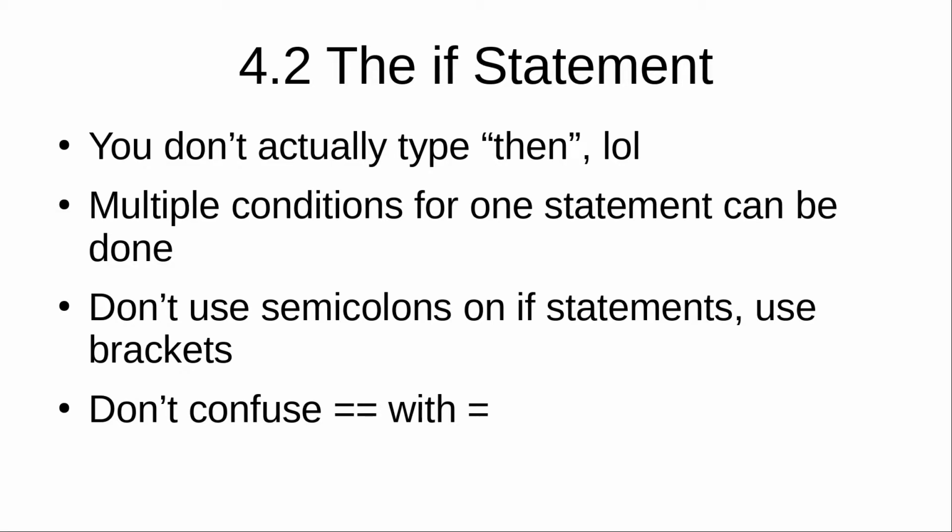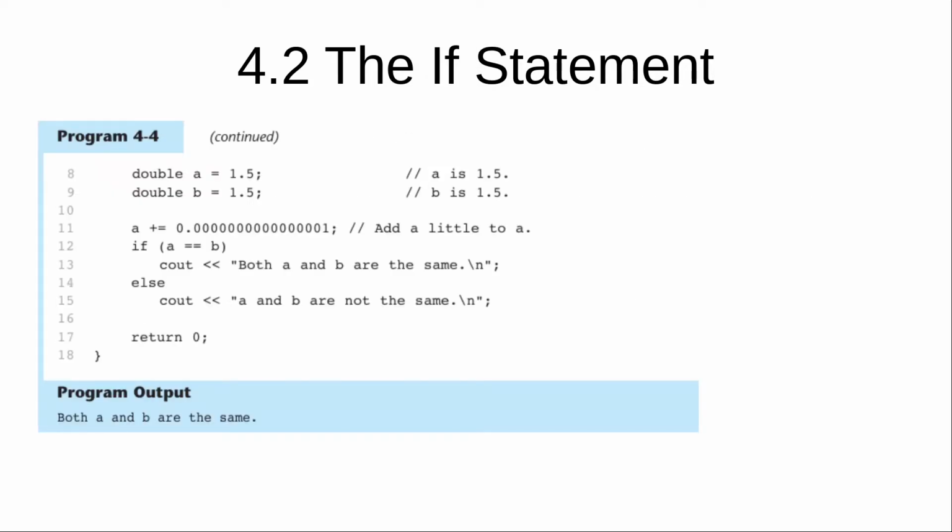The other thing is that you wouldn't be putting a semicolon on an if statement. Any commands that need to be concluded are concluded within the if statement itself. You'll see what I'm talking about.